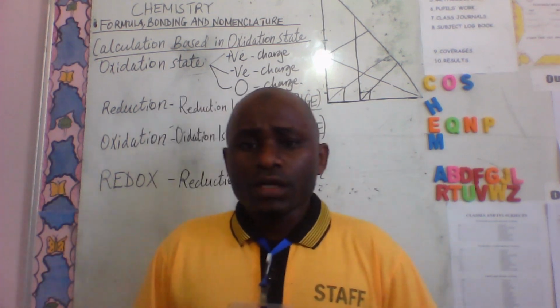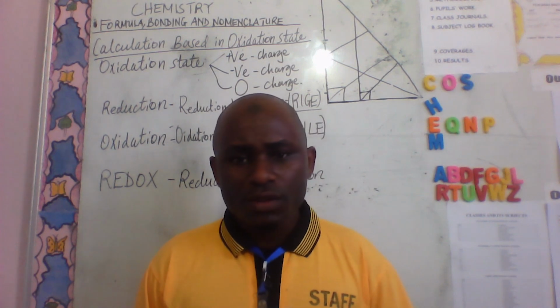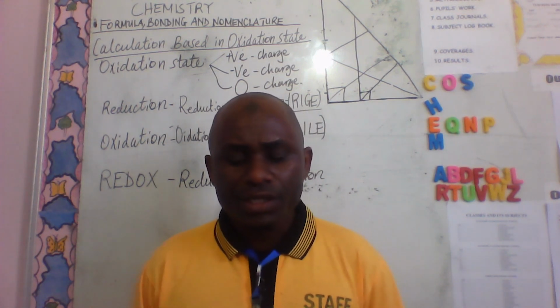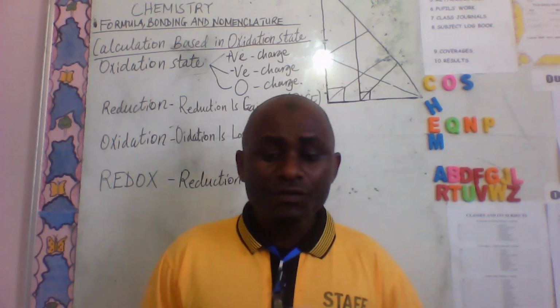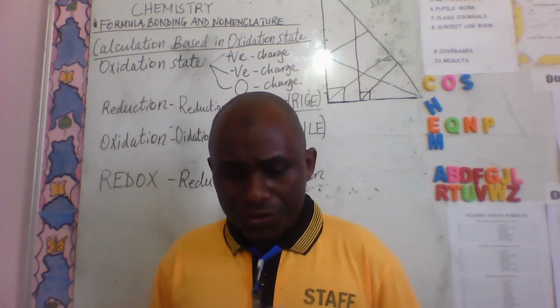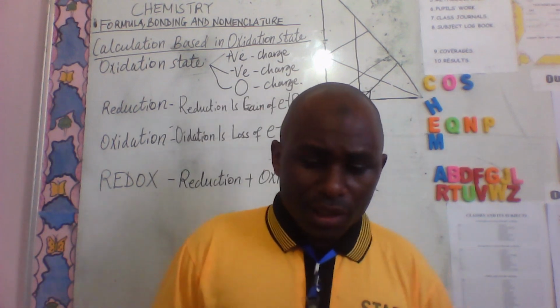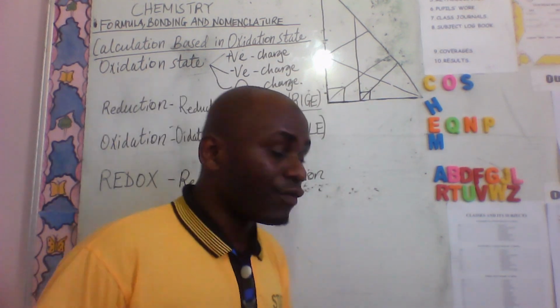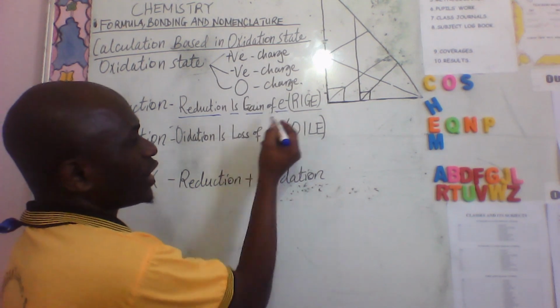We have the concepts which cause an element to lose or gain electrons, which we call reduction and oxidation. Reduction is a chemical reaction that involves the gain of electrons during a chemical reaction. In shorthand, we can say that reduction is gain of electrons.